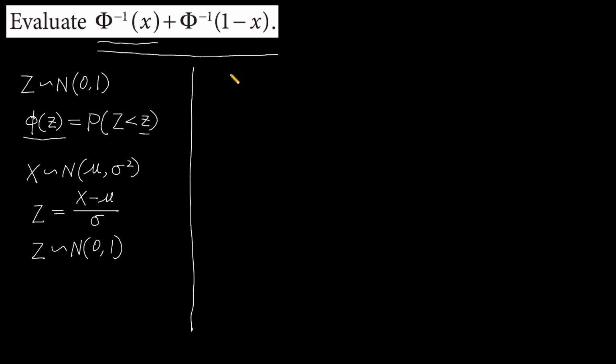And we know the probability that X is smaller or equal to small x equals the probability that Z is smaller or equal to small x minus mu over the standard deviation.